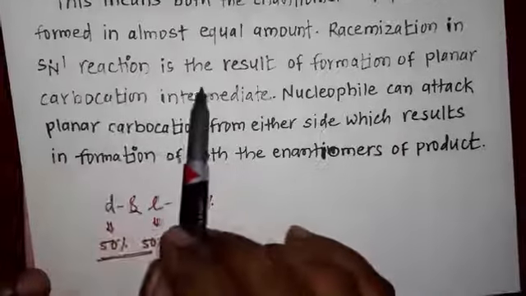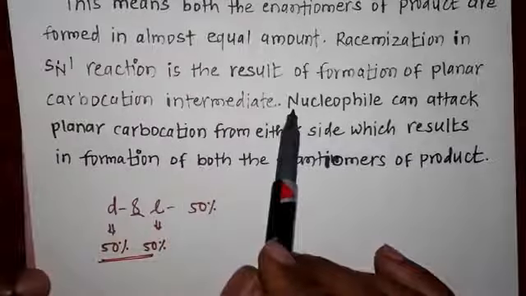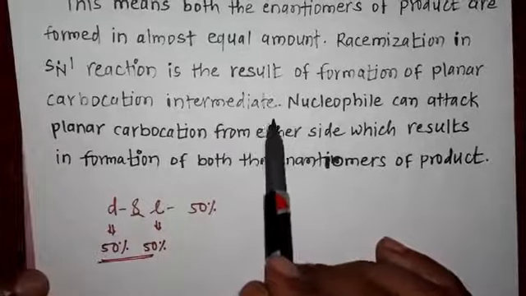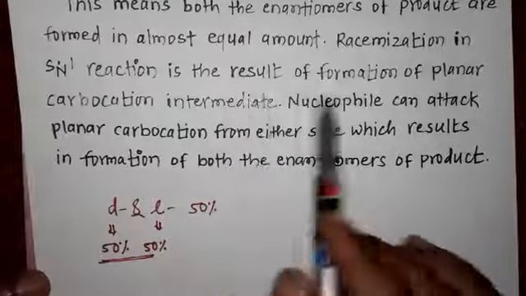Racemization in the SN1 reaction is the result of the formation of a planar carbocation intermediate. Why does racemization take place?